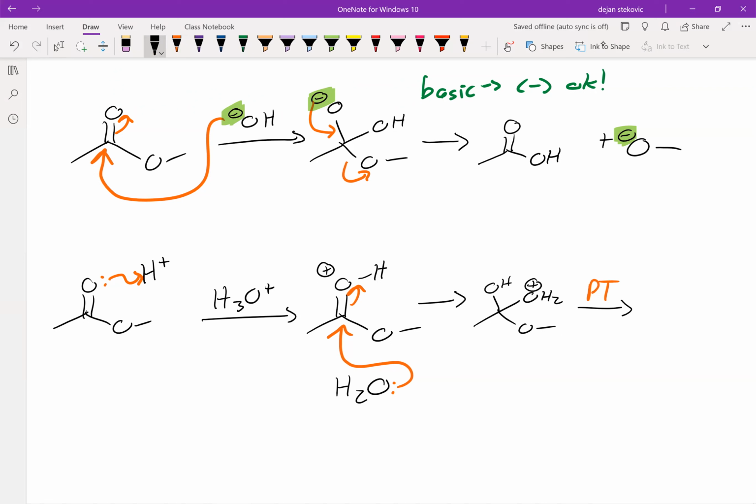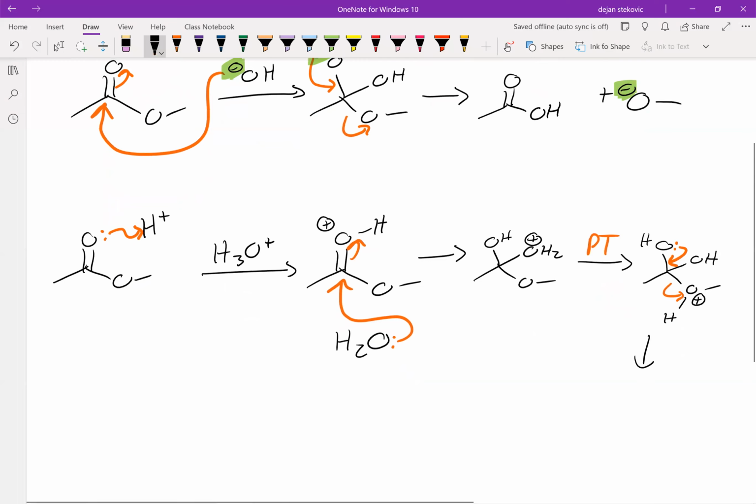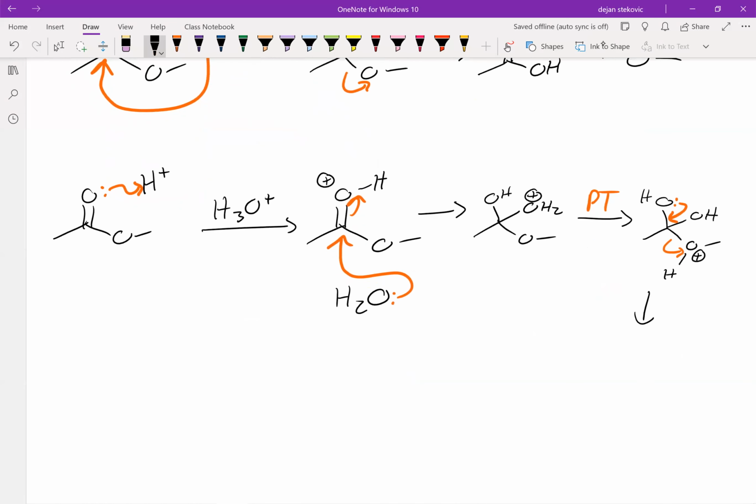We're not going to draw them out because that's just tedious. But overall, we'll have some neutral OHs, and then we're going to protonate our O-methyl. And then all we do is reform our carbonyl. So we're going to take a lone pair from either one of these alcohols, kick them down to form a carbonyl, and then kick off our, in this case, methanol group.